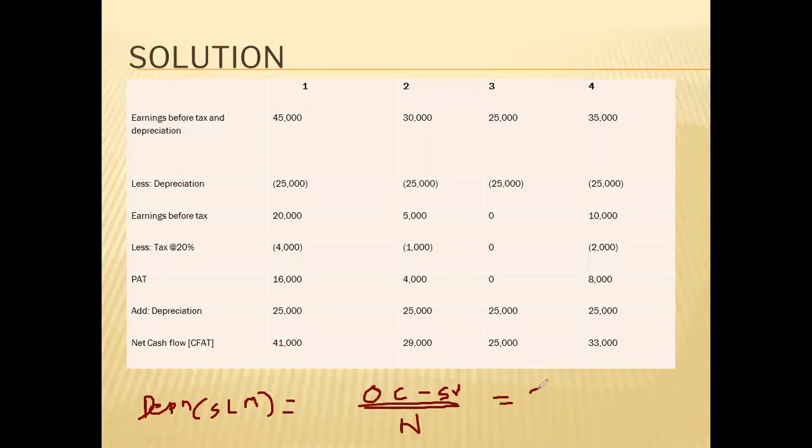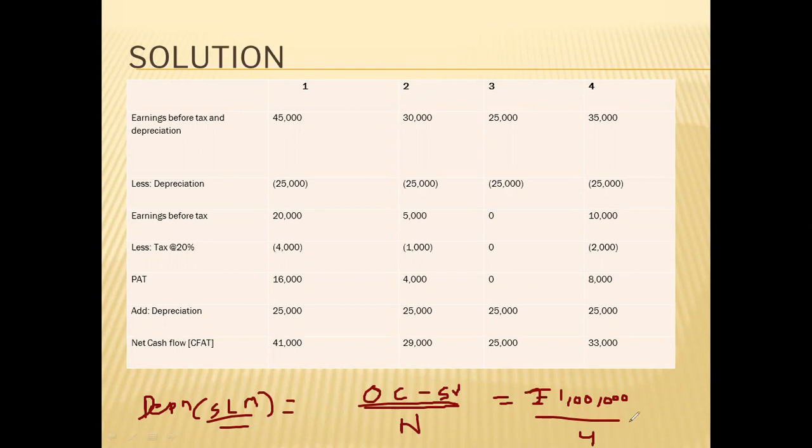What is the original cost? Rupees 1 lakh. And what is the number of years? 4 years. So each year you will have the same depreciation in the straight line method. This we have learned from the 11th standard, that in the straight line method your depreciation every year will be the same.